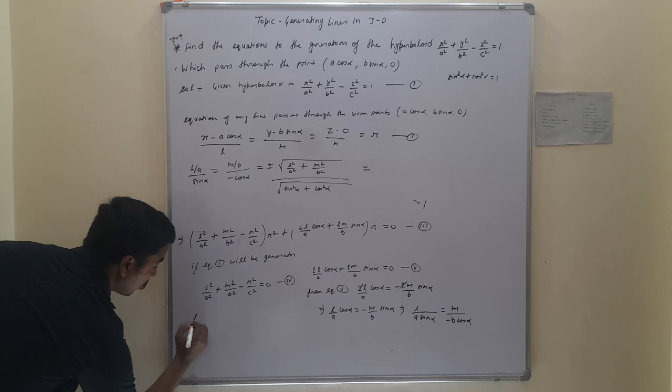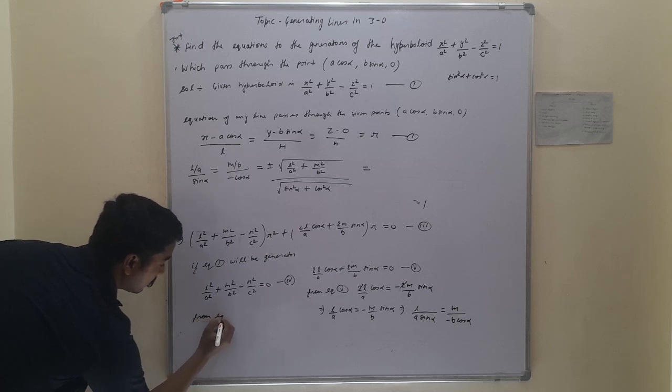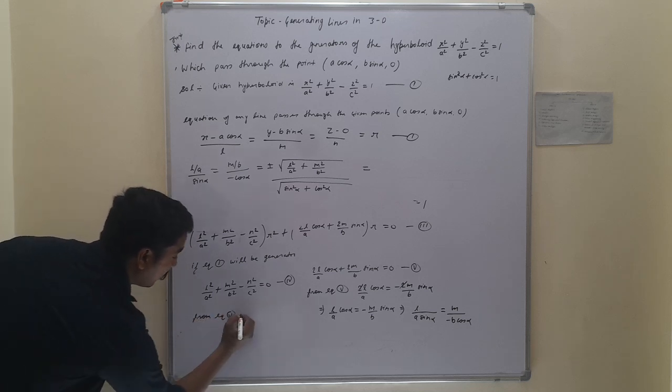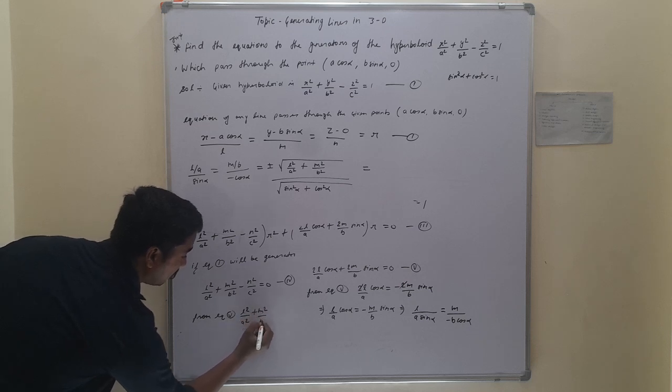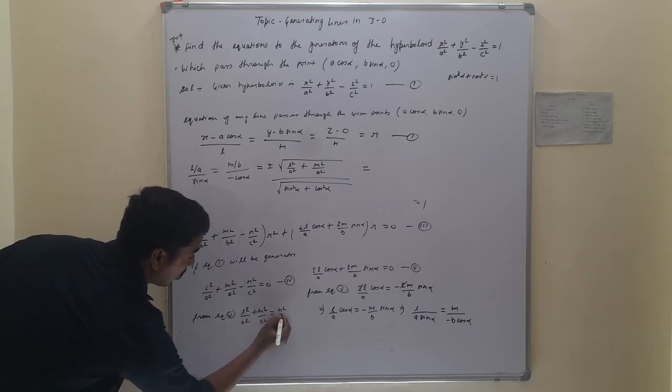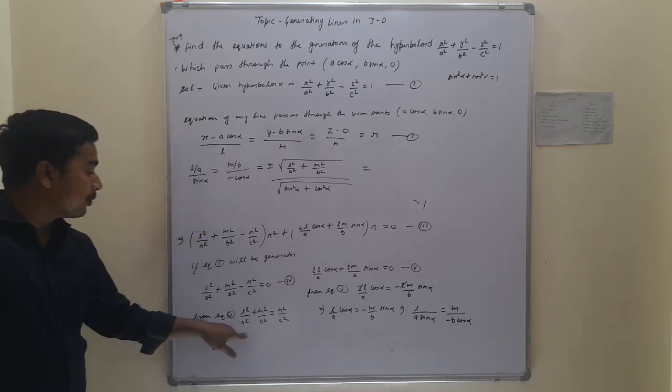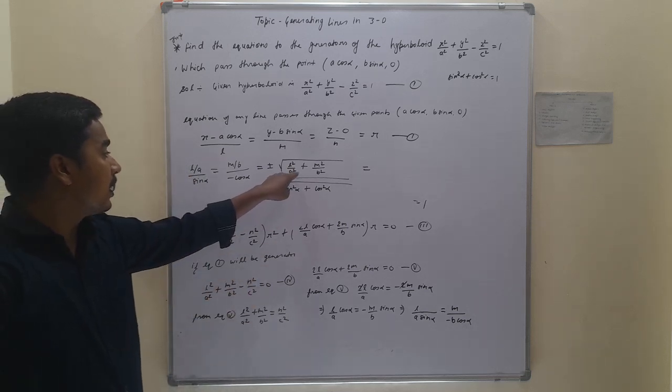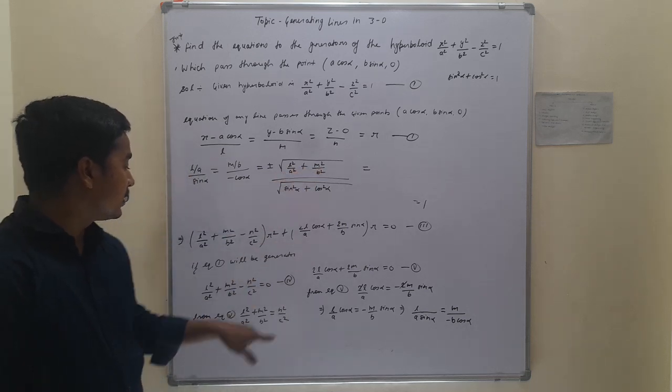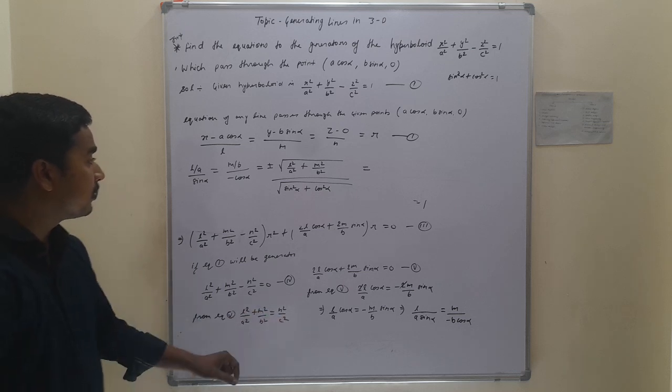From equation 4th, we can write L square upon A square plus M square upon B square is equal to N square upon C square. So in place of L square upon A square plus M square upon B square, we put N square upon C square.